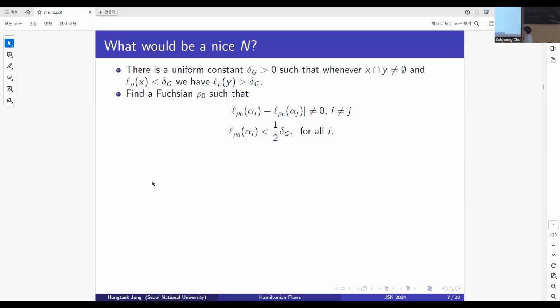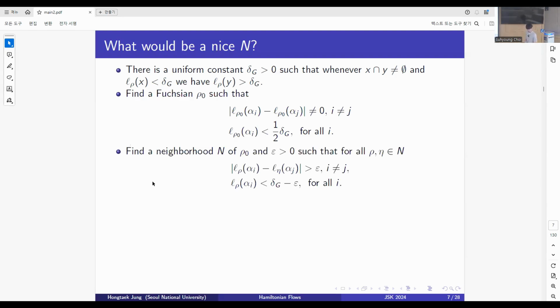The property is that alpha i and alpha j are pants curves, and they are different whenever i and j are not the same, and you require all the lengths of the alpha i curves to be smaller than half of the constant delta of G. You can find this kind of Fuchsian representation.